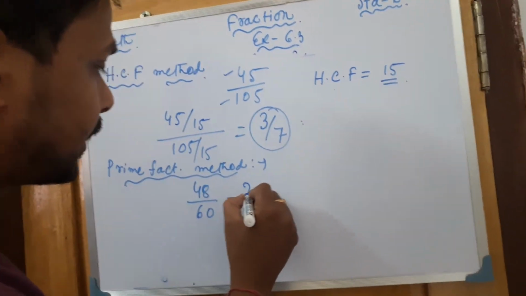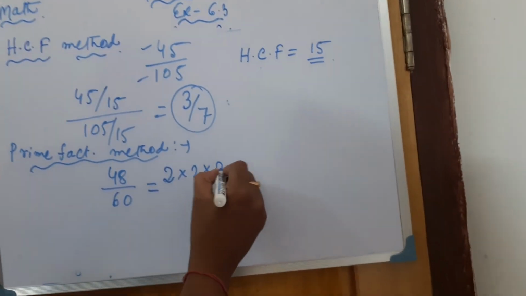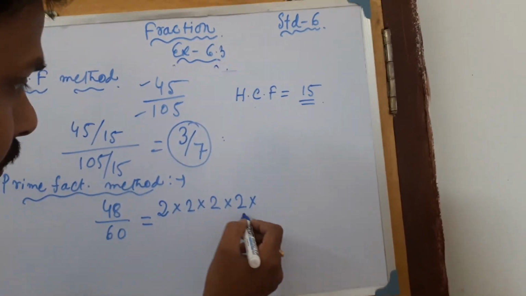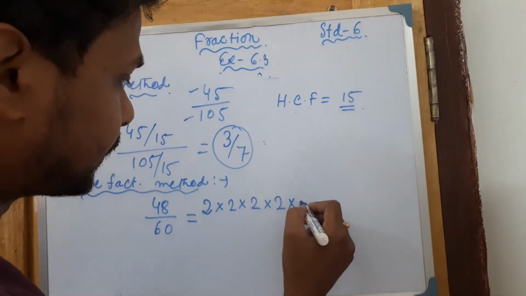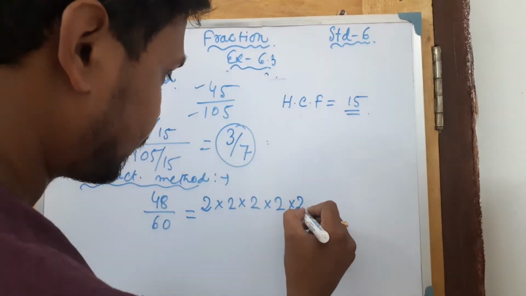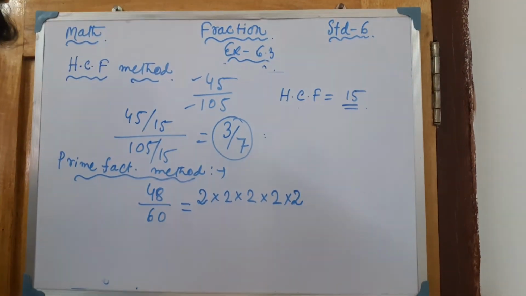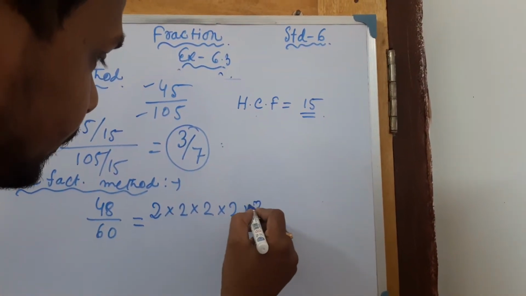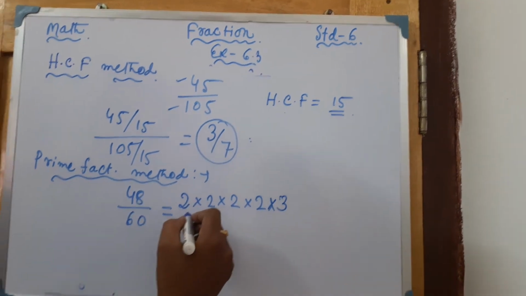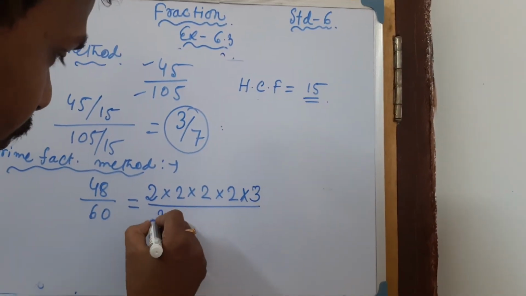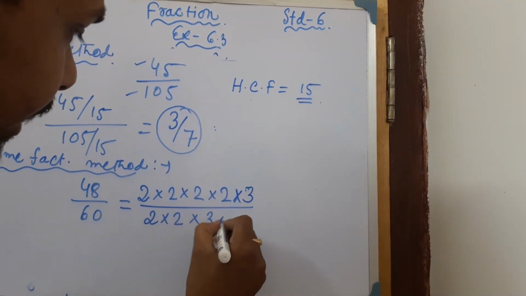How can it be written? 48 is 2 into 2 into 2 into 2 into 3, and 60 is 2 into 2 into 3 into 5.